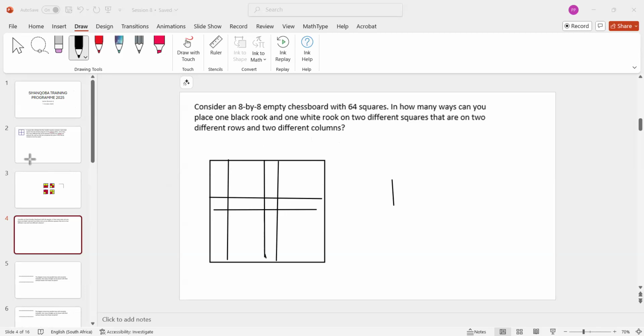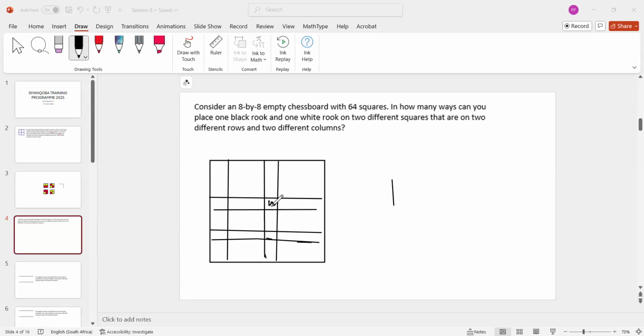So you're going to place two rooks or two castles on this board on two different squares that are on two different rows and two different columns. So you will have two castles like this, a white and a black. What you're going to do is put a white somewhere here and put a black.